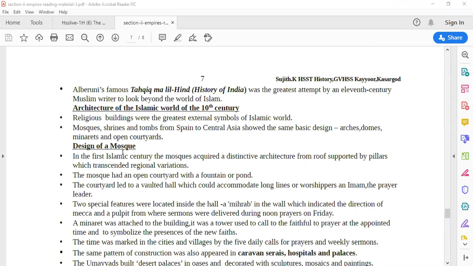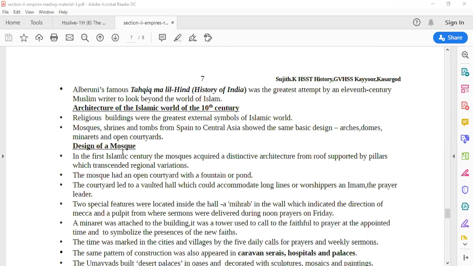That is because there's a specific symbol, a specific way that these buildings have been made. So mosques, shrines, tombs, especially from Spain to Central Asia, showed some basic designs, that is arcs, domes, minarets, open courtyards. All these were similar.